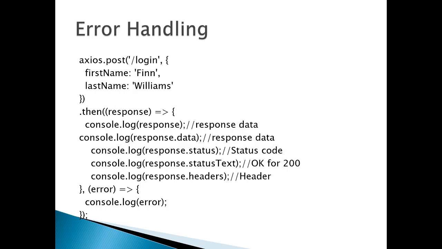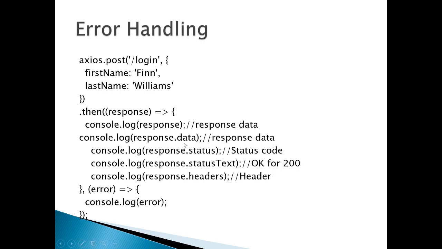Error handling is the same: then response, and comma catch. Basically you can catch the error using the error and console.log the error. Here what you receive, as in the case of fetch you receive response text and so on, here you receive the complete response, that is the data.